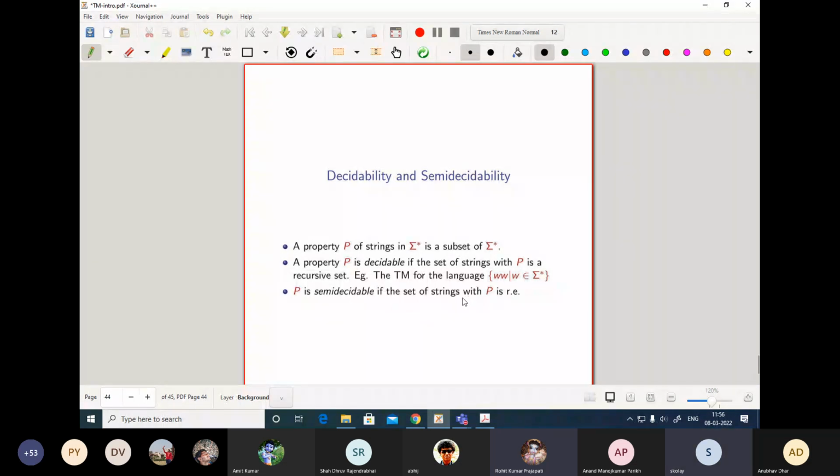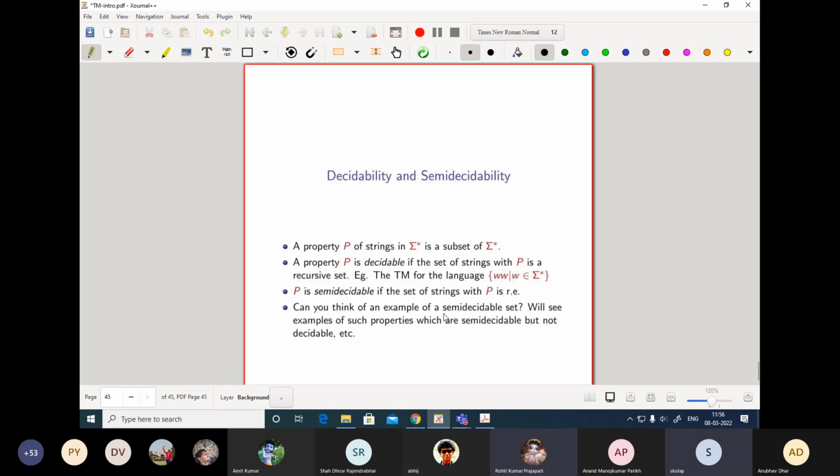And if that language is recursively enumerable, meaning that there is some Turing machine accepting this language, but the strings that are not in the language may be rejected, or there may be a loop on that string, then the property corresponding to that language is said to be semi-decidable.